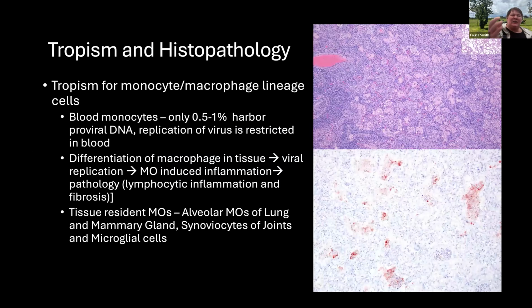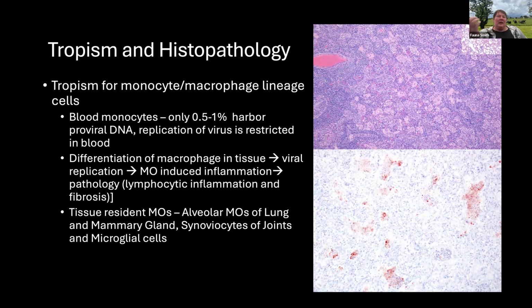Again, trying to understand how this virus works and how it infects the animals. This virus has a tropism for monocytes and macrophage lineage cells. So blood monocytes, white blood cells, are one of the cells that's infected.